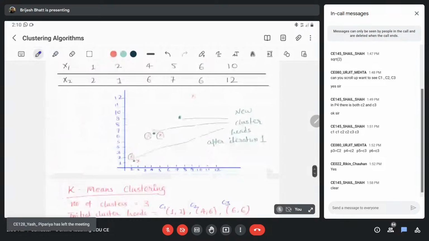Let us see how it works. It starts with the number of clusters equal to the number of data points.